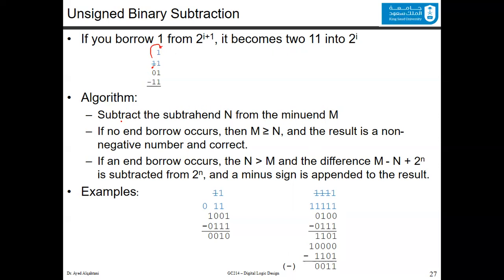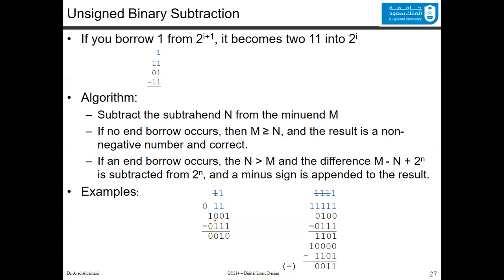The algorithm now is you subtract the subtrahend n from the minuend m, and if no end borrow occurs, this means that m is larger than or equal to n, and because of this, the result is a non-negative number and it's correct. You can see it in this example. We subtracted 9 from 7. To subtract 9 from 7, we're supposed to get 2, and we got 2 correctly.